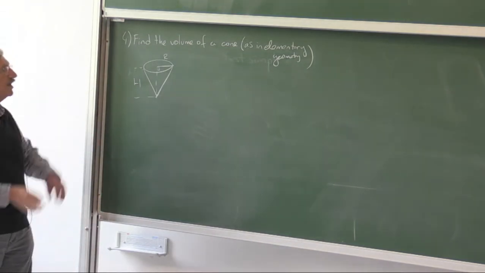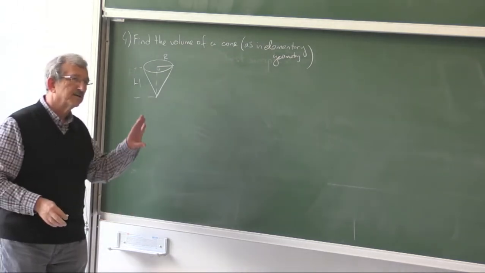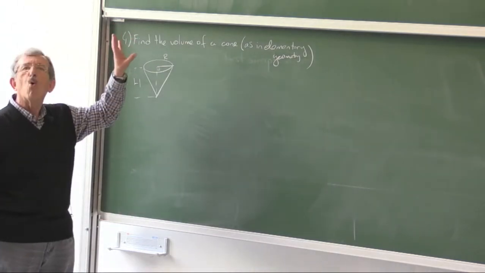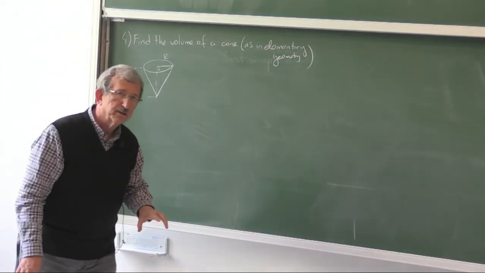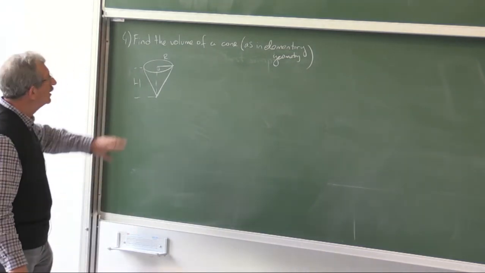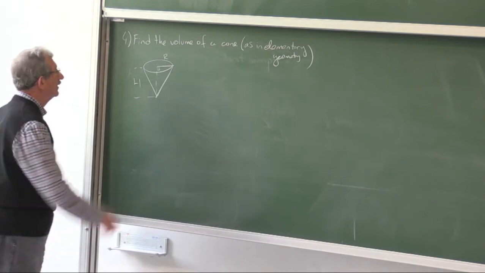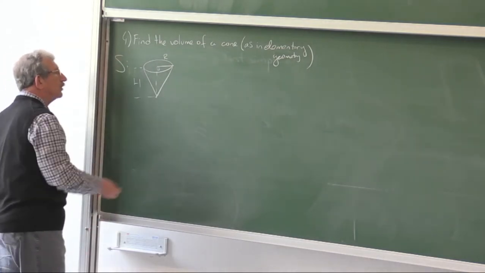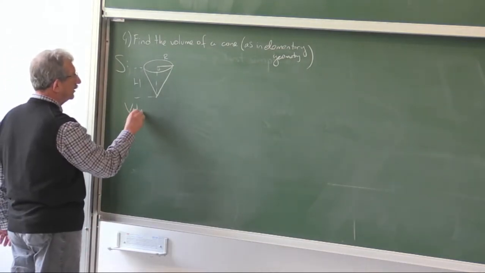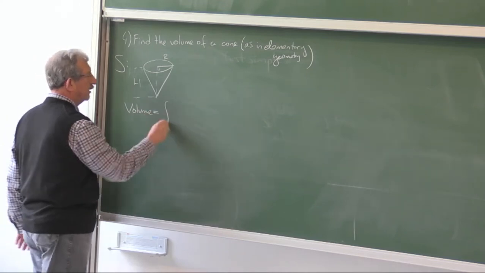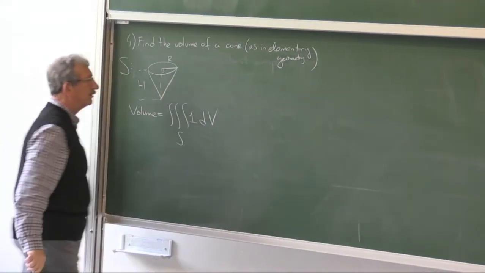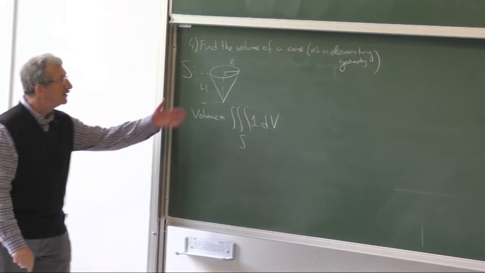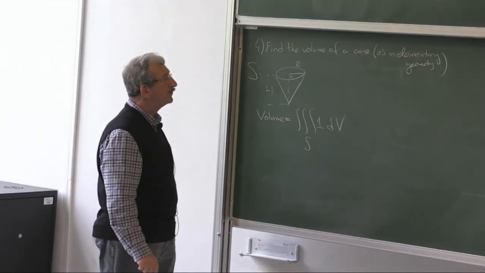So it is not the infinitely long cone that we consider in quadratic surfaces. It's not a surface in the first place. It's a solid. Let me call this S. So the volume wanted is obviously triple integral over S of 1. Now this is the volume of a cone if S is the cone itself.